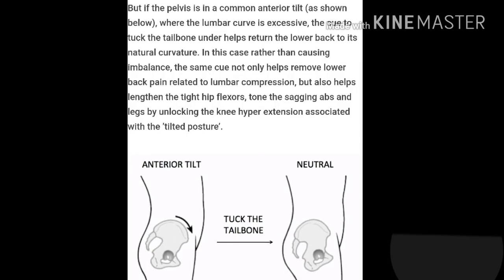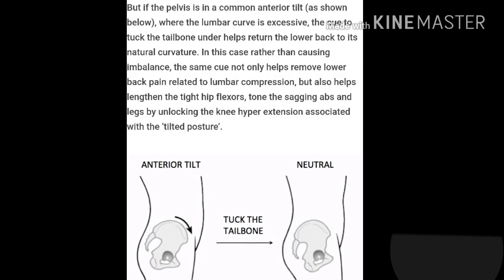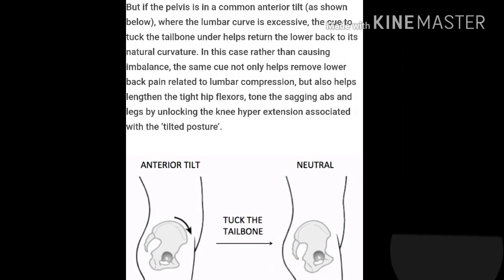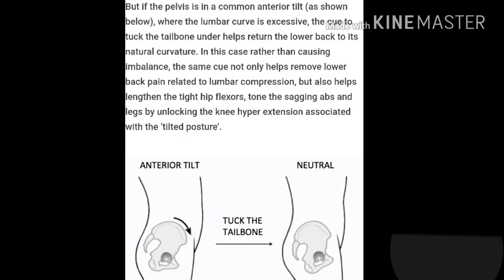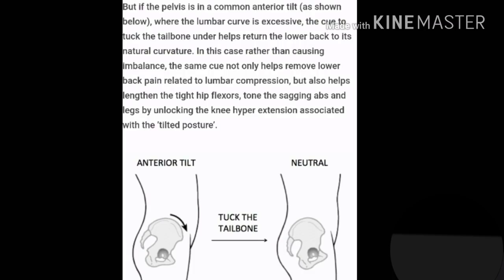So how do we fix that? The solution is simple. We tuck in our tailbone. We use the proper alignment. The neutral alignment eases lumbar compression.